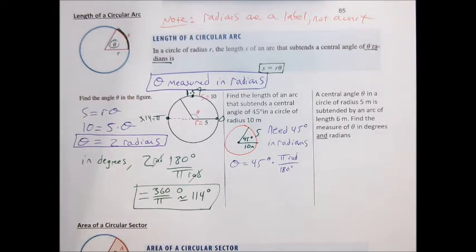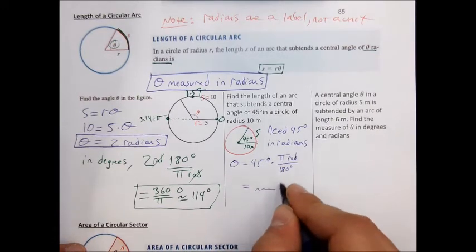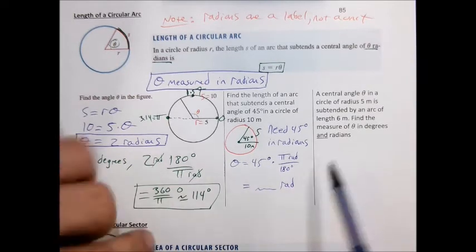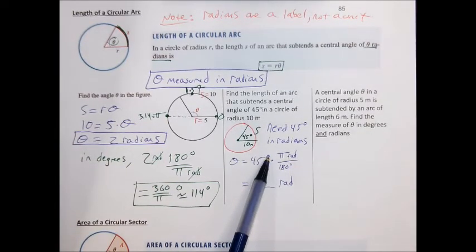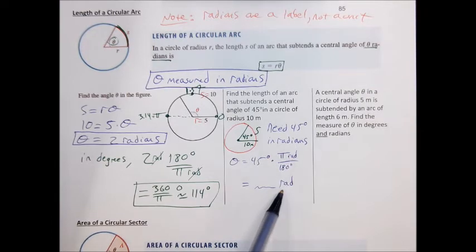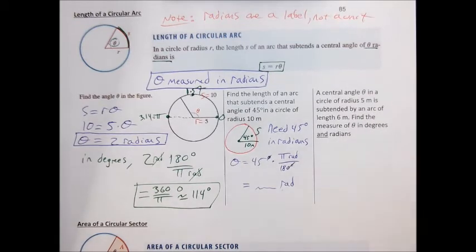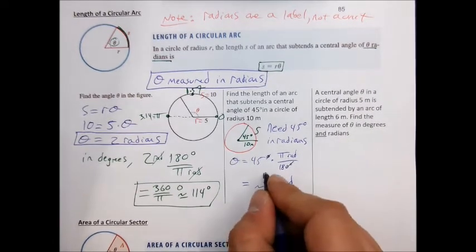You can see why this makes sense: we want to end up with something in radians, because we're converting degrees to radians. The two degree values cancel, and the radian value carries over to the answer. That's how you can remember these formulas. 45 goes into 180 four times, so this ends up being pi over 4, like we said before.